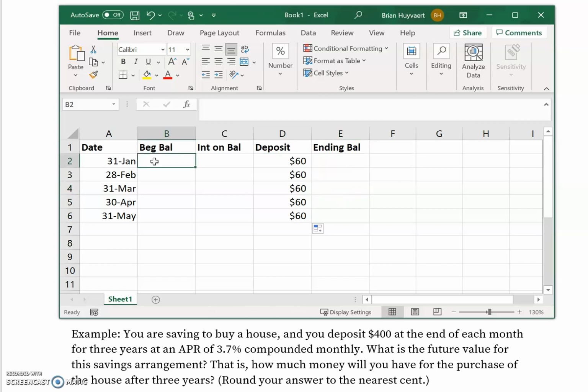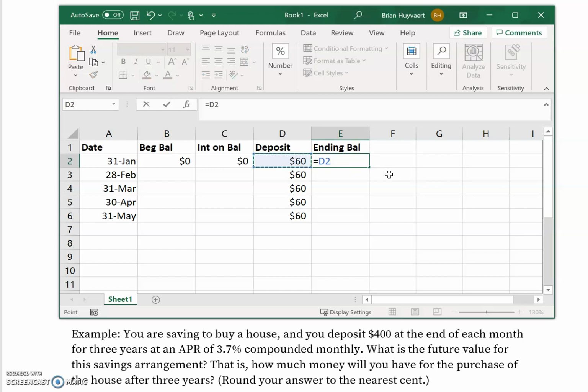The beginning balance, well, if we're thinking the beginning of January, I had $0, and therefore I can't really earn any interest on that balance. So this is also going to be $0. And so at the end of the day, I just made my deposit. So January 31st, I just have the $60 that I put in, but usually there's going to be some sort of beginning balance and interest.